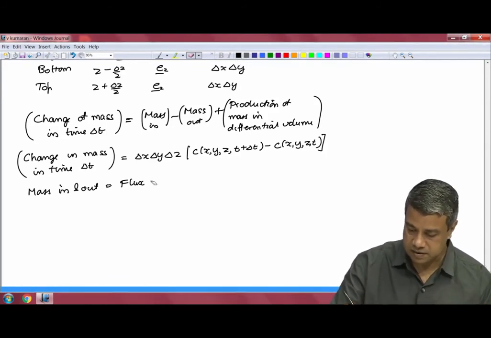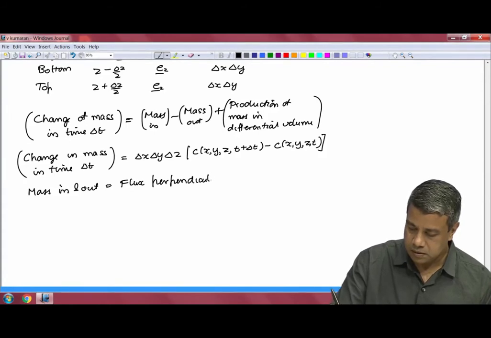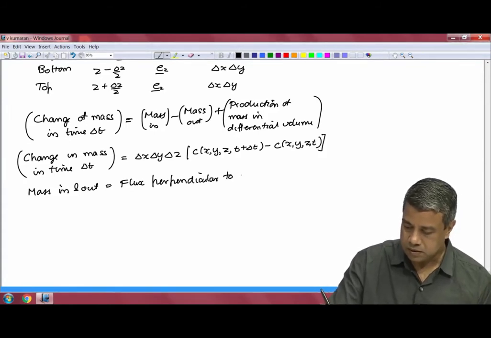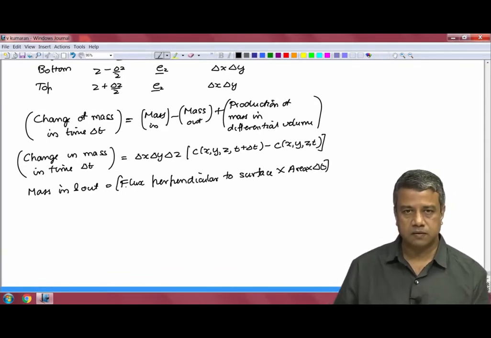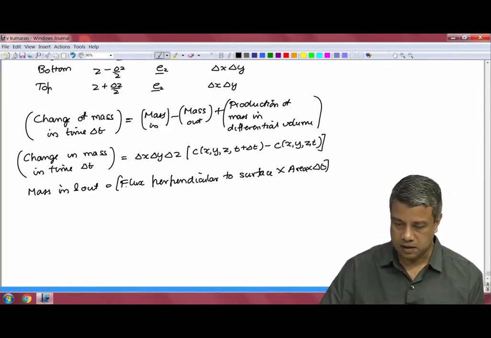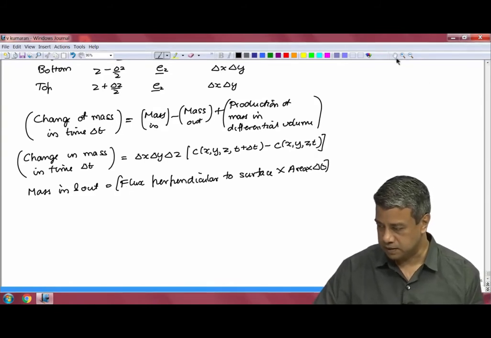So, the flux perpendicular to surface times the area times delta t. That is how we would account for the mass that is coming in and going out of the surface.